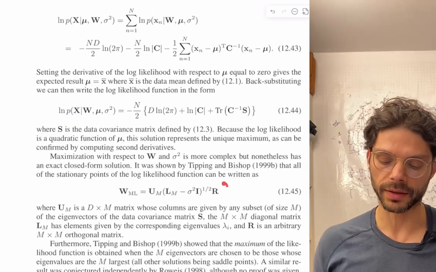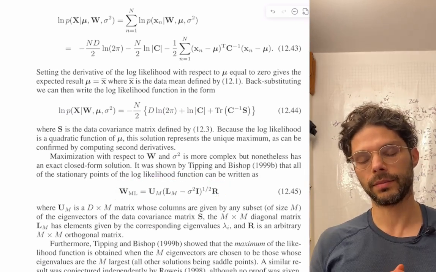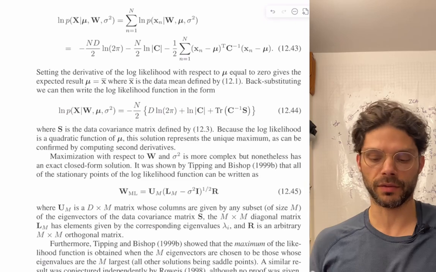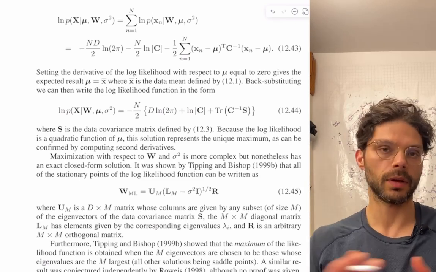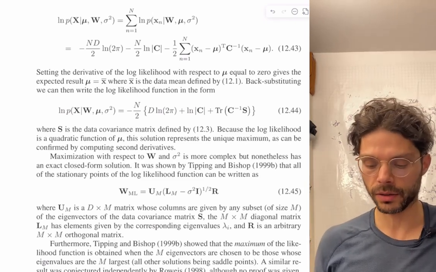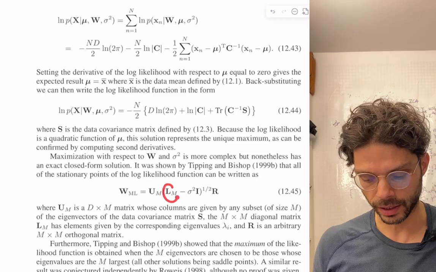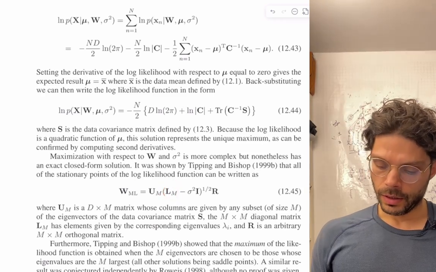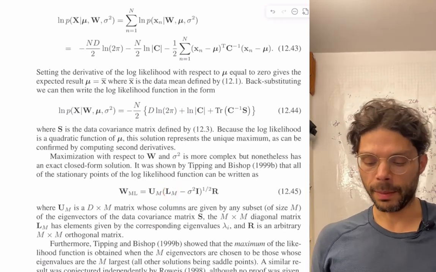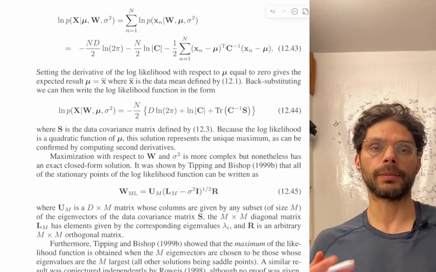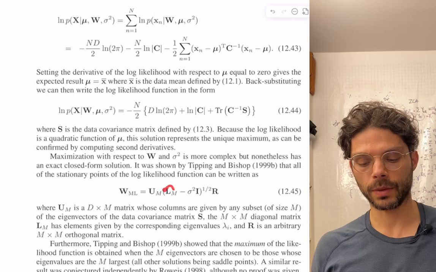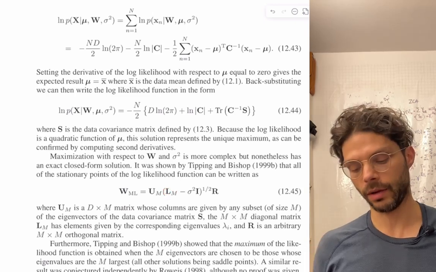And it turns out that you can take any subset of m eigenvectors of your data covariance, and their corresponding eigenvalues, and they will be a saddle point, except for the one where you take the top m eigenvectors, and that will actually be a maximum.